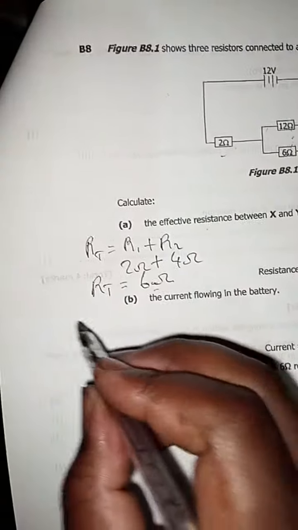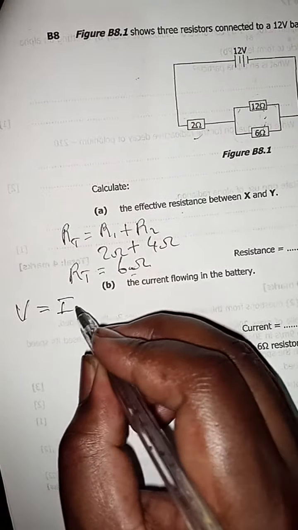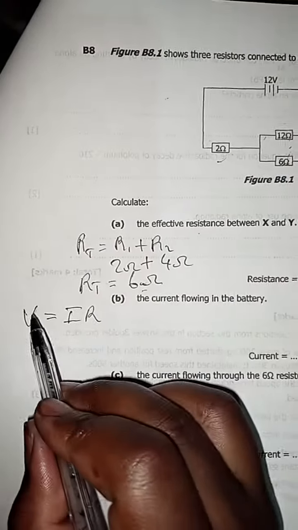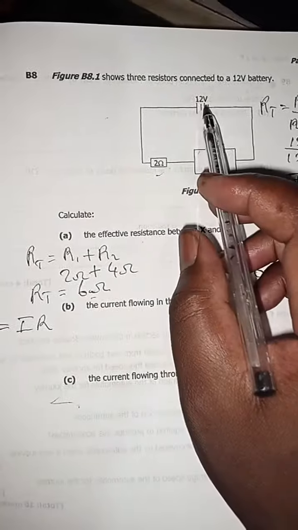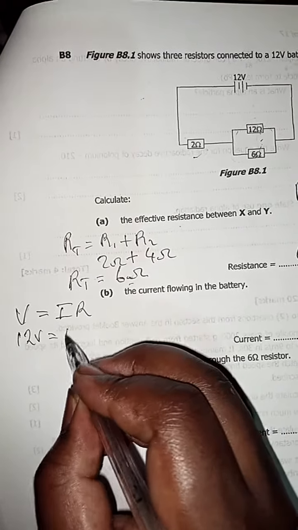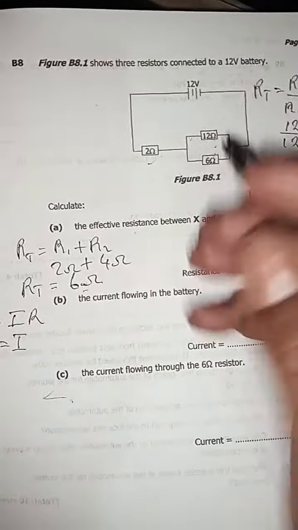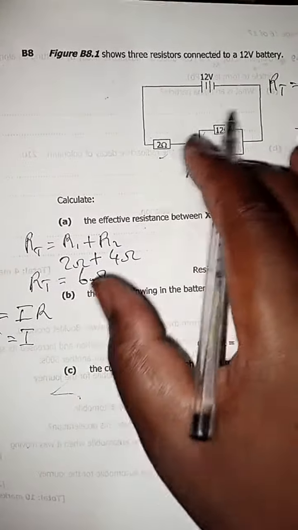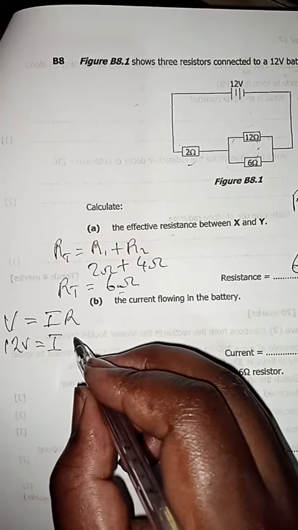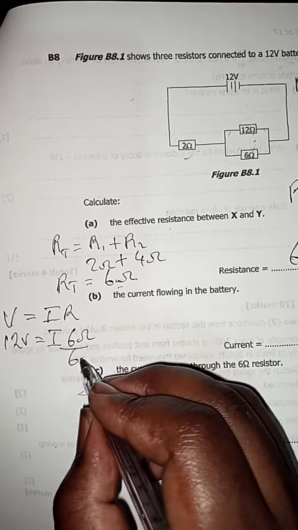Next, calculate the current flowing in the battery. So for current, use the Ohm's law formula: voltage is equal to current times resistance. We know the voltage of the battery is 12 volts, and we're looking for current. The total resistance in this circuit is 6 ohms, so 12 divided by 6 ohms.